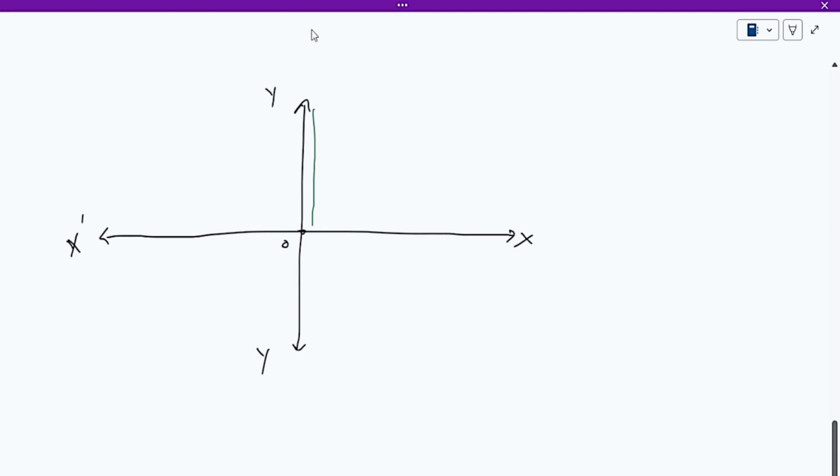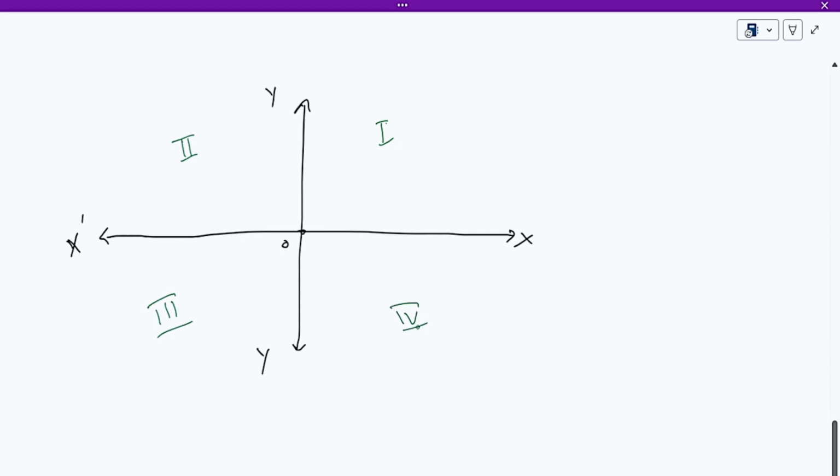Each region is known as a quadrant because the plane is divided into four parts. Each part, one out of four, we call a quadrant, right? We give the labelling starting from the first one, on the right and top, that is the first quadrant. This is the second quadrant, then this is the third quadrant, and this is the fourth quadrant.